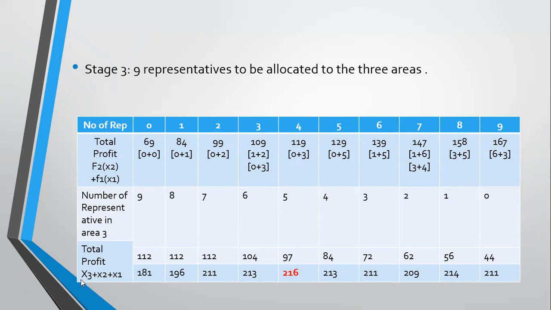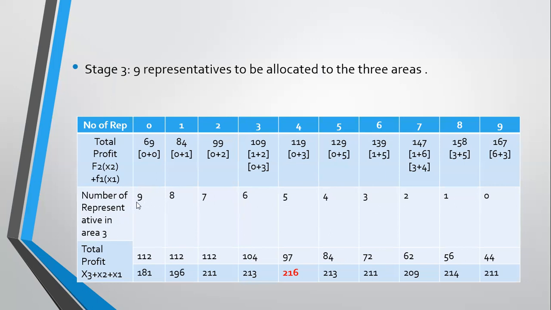See the formula, x3 plus x2 plus x1. Combine all three areas, identify the maximum profit, and accordingly plan the manpower requirement. This is what is asked in the problem. So follow the backward function approach, allocating the number of sales representatives in reverse order.